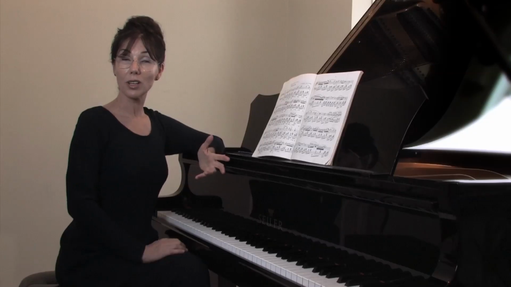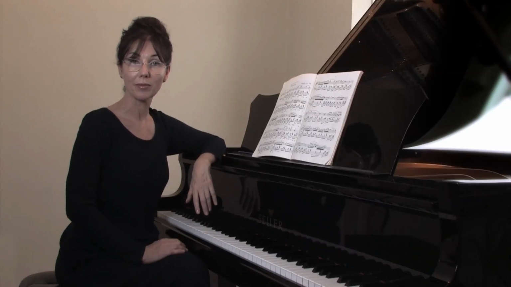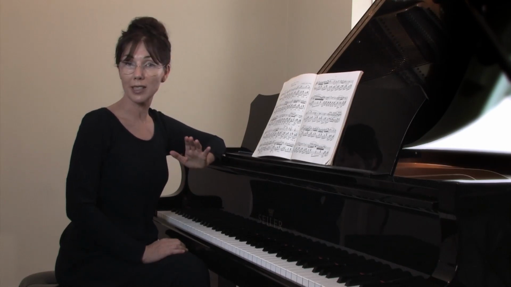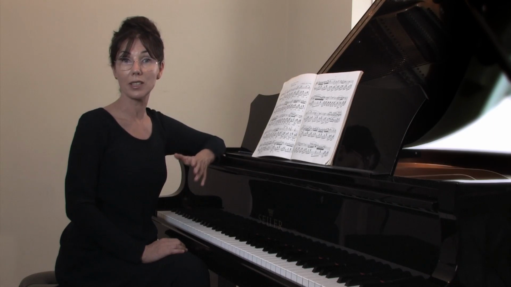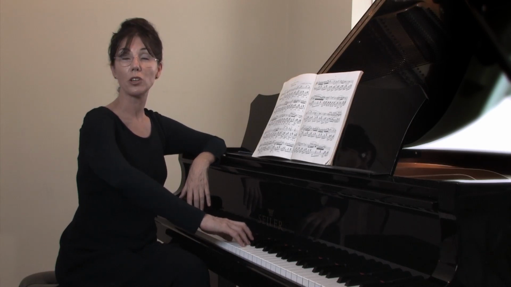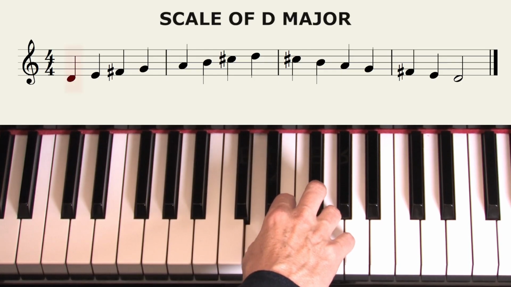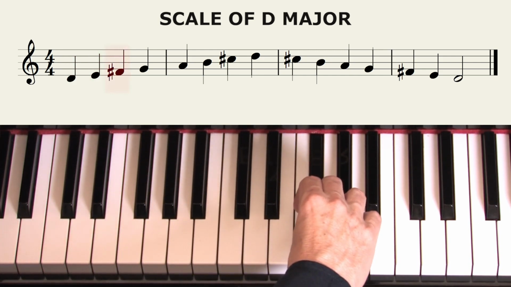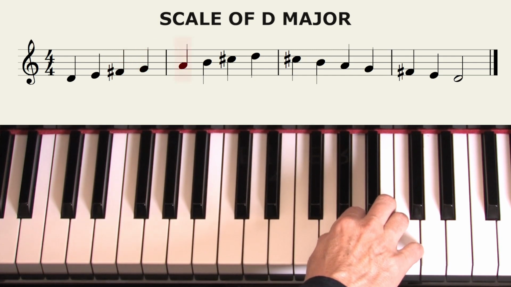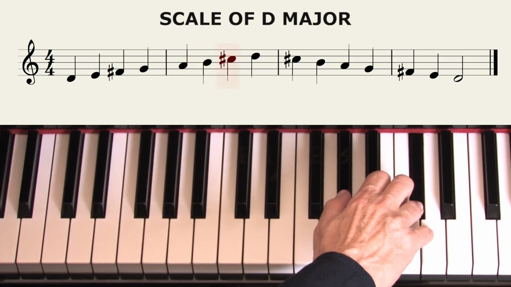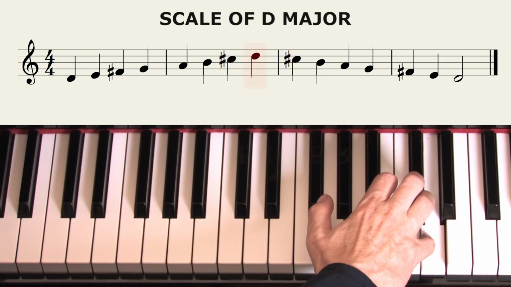Let's also look at that D major again and see it in the two different ways we looked at it. One using the F sharp and one using incorrectly a G flat. In the D major using the F sharp, you would go D on a space, E a line, F sharp a space, G a line, A a space, B a line, and D a line.